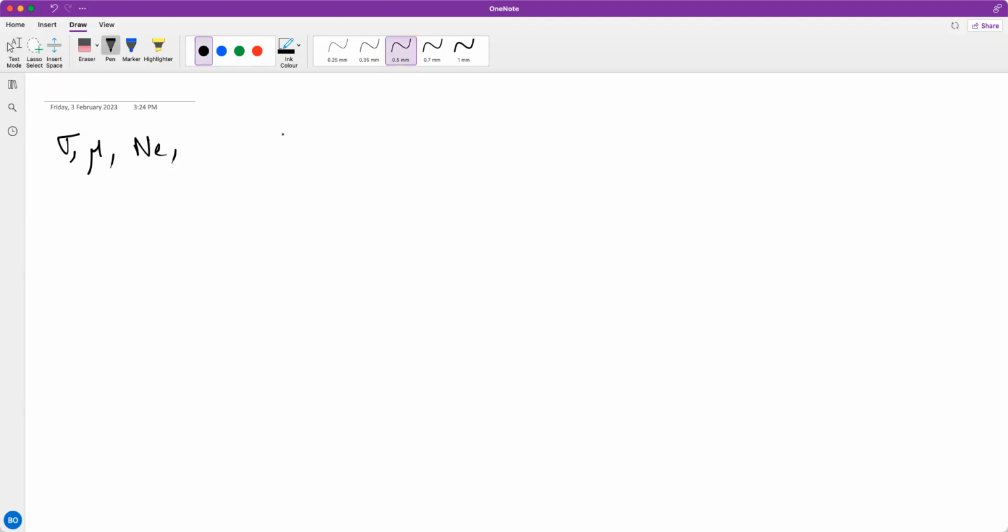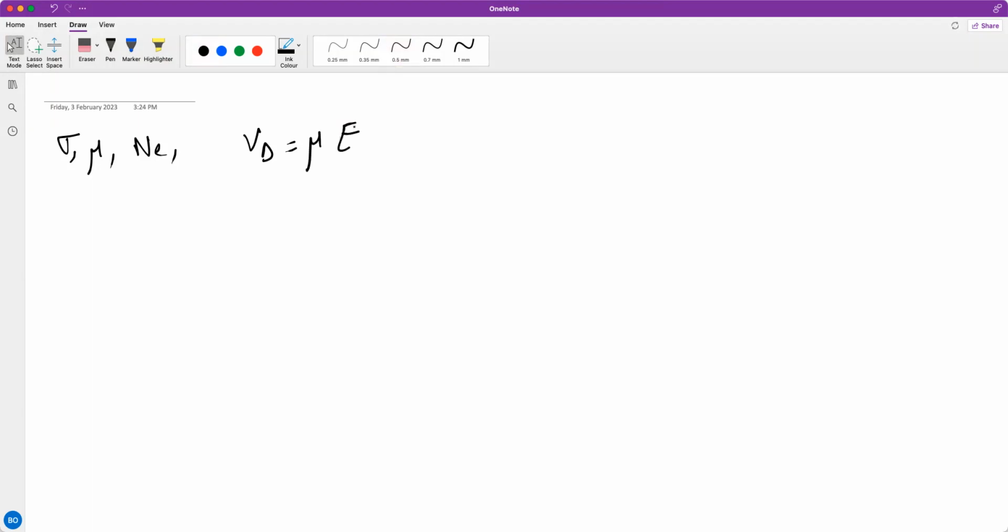We also calculated the drift velocity of the electrons, and the relationship between the drift velocity and the electric field, which is the mobility.